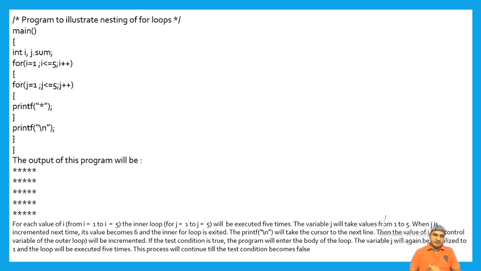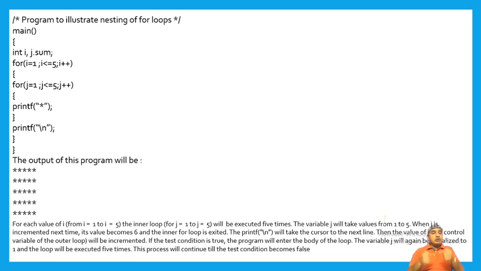This is the first for loop. Now if the condition i is less than or equal to 5 is true, then the second for loop is executed, that is, for j is equal to 1, j is less than or equal to 5, j is incremented.